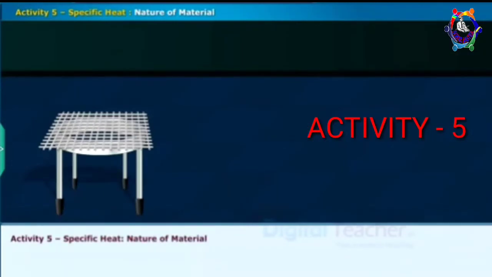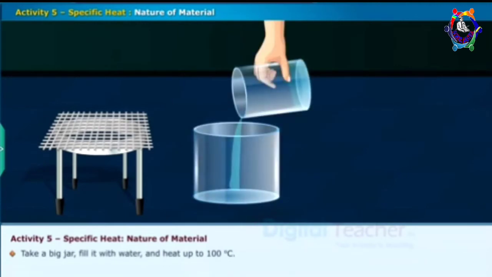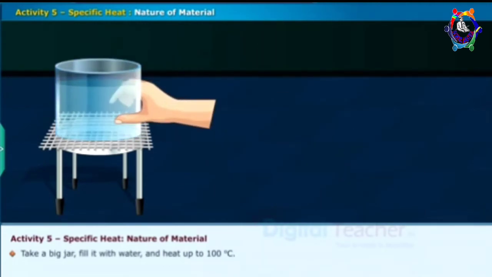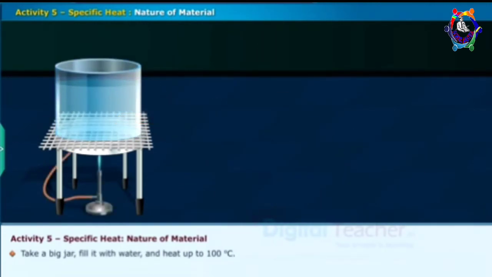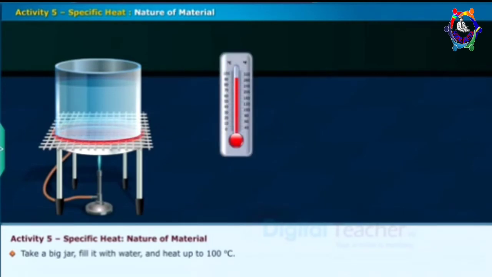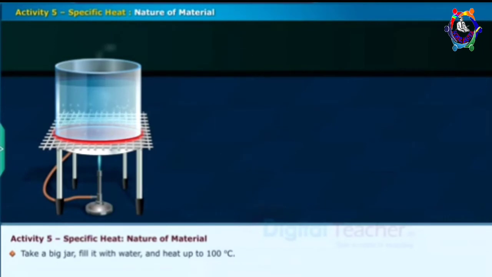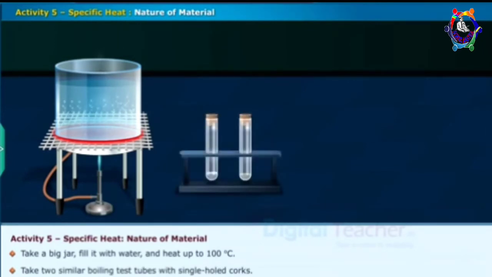Let us perform the activity. To learn about specific heat, take a big jar, fill it with water and heat up to 100 degrees Celsius. Take two similar boiling test tubes with single-holed corks.